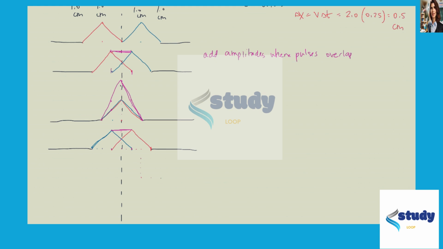Then our blue pulse likewise is going to have advanced 2 more to the left, and so its tail end is now at the center. And so what we've now drawn is what these pulses are going to make the rope look like as they meet, pass through each other, and then pass beyond each other.